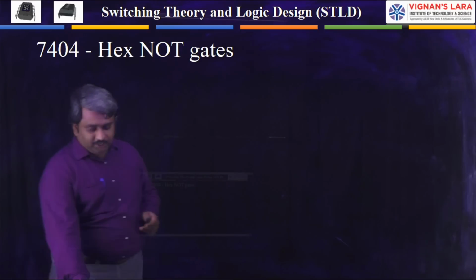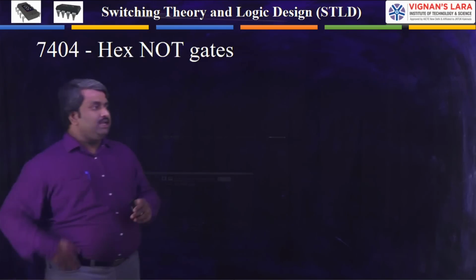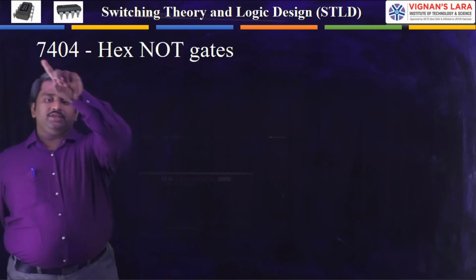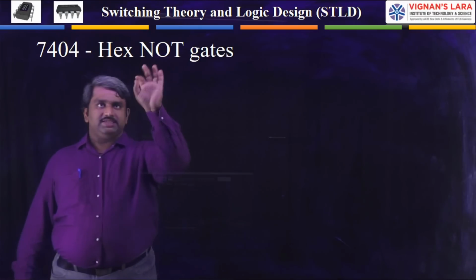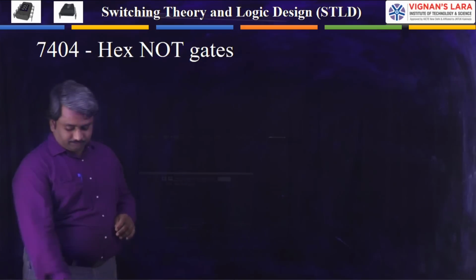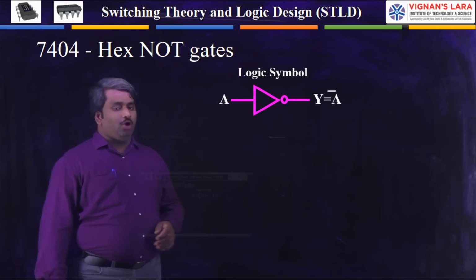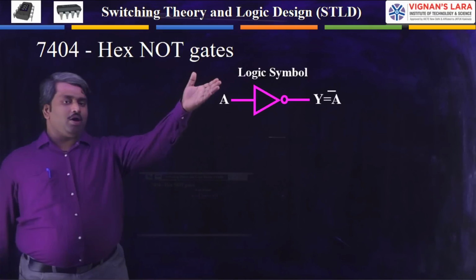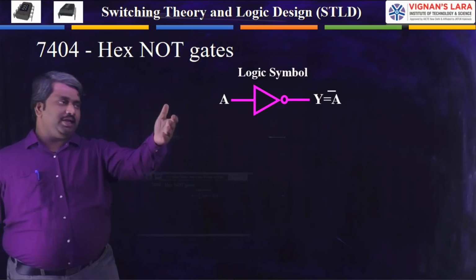Next, coming to IC7404, hex NOT gates. That means in this IC7404 we have 6 NOT gates, 6 inverters available. How they are framed, now we will see. See here, coming to the first, the logic symbol for the NOT gate: the input is A and the output is A bar.